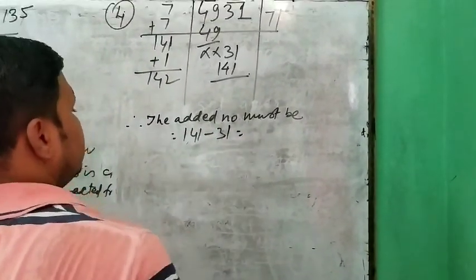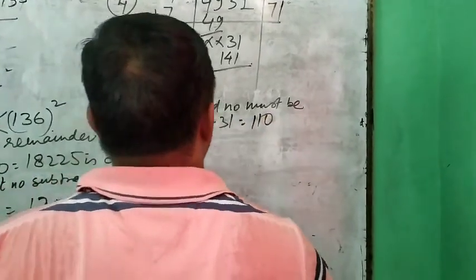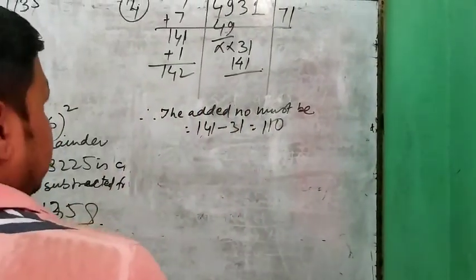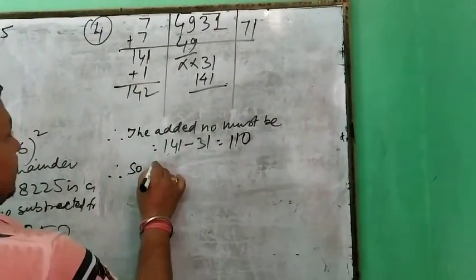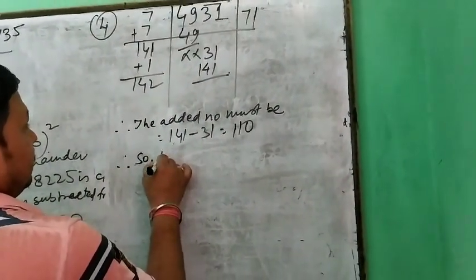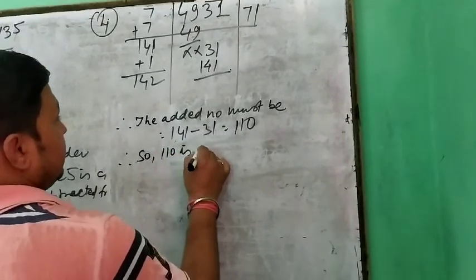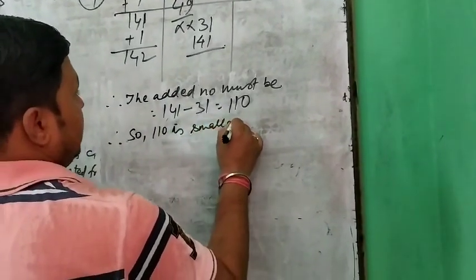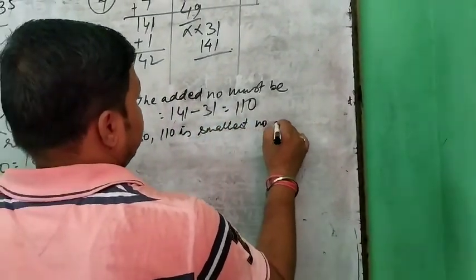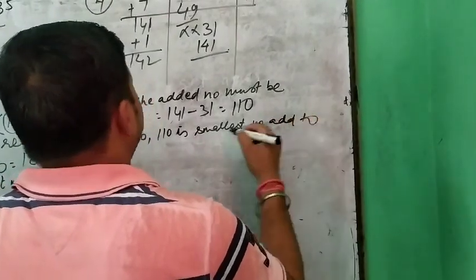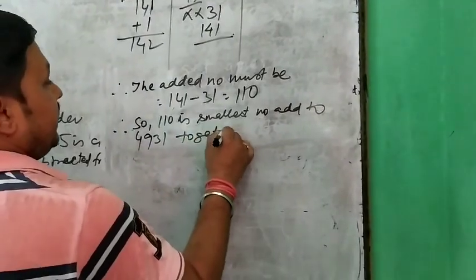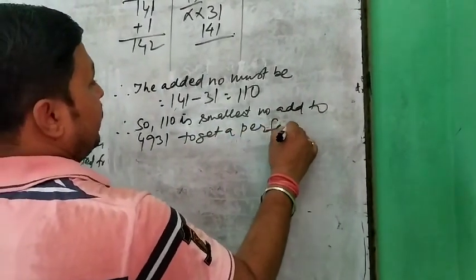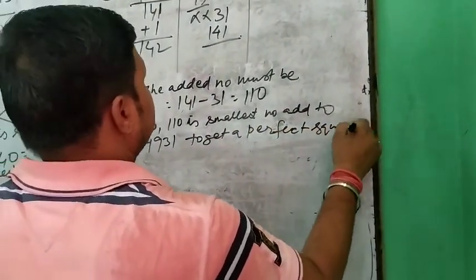We got 110. So 110 is the smallest number added to 4931 to get a perfect square.